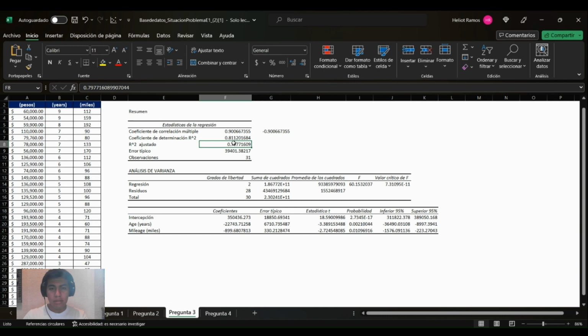However, when using this R squared adjusted, we can see that there is a slight difference here.